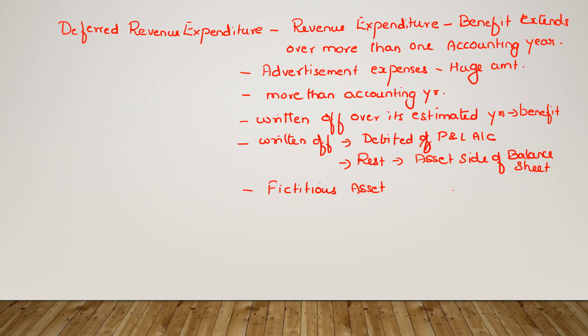Now moving further, having understood about expenses and expenditures, we have the next term that we need to understand, that is outstanding expense. What do we mean by outstanding expenses?